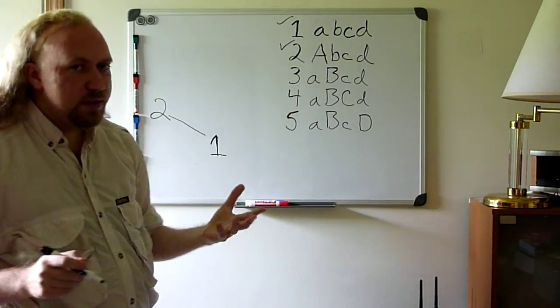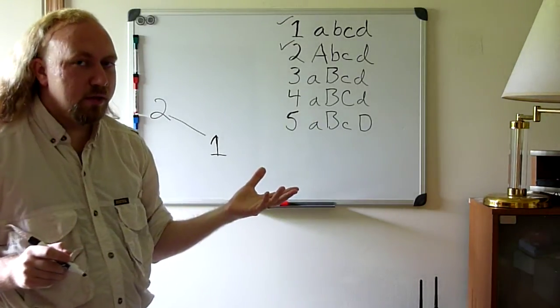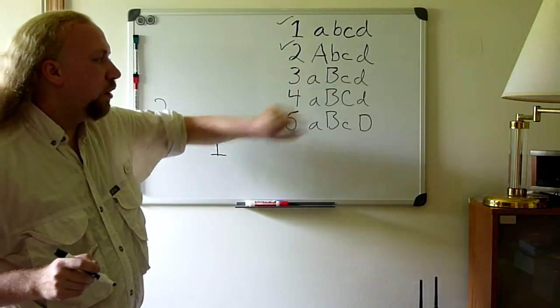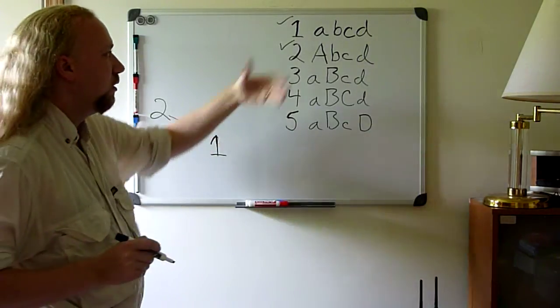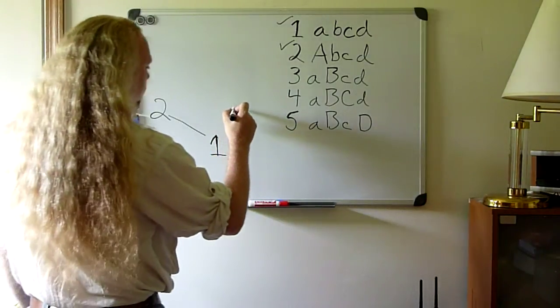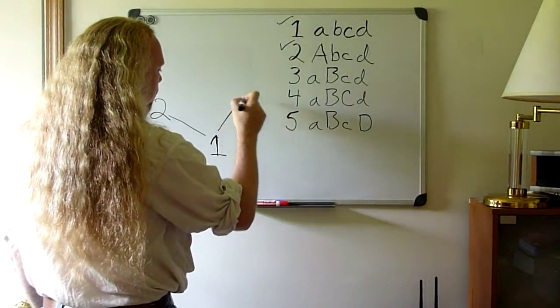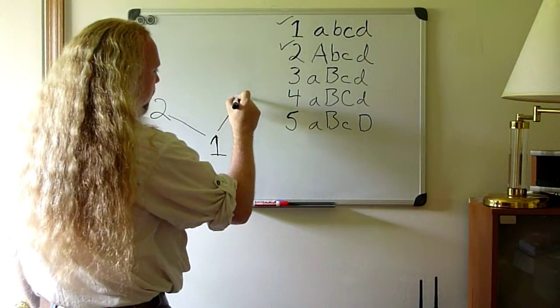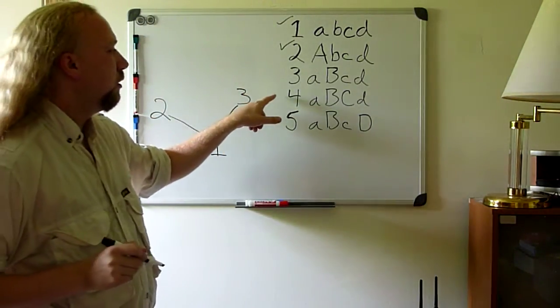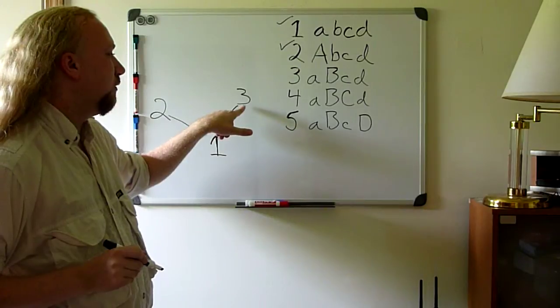So how are we going to put this in a cladogram that keeps this with only one evolution of trait B? Well, we'll do this. We'll do 1 going off to 3, and then 4 and 5 are going to come off of 3.